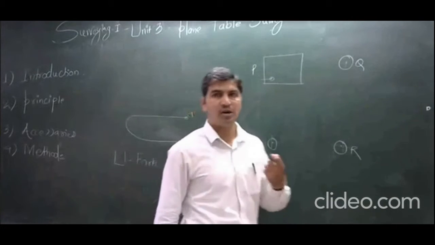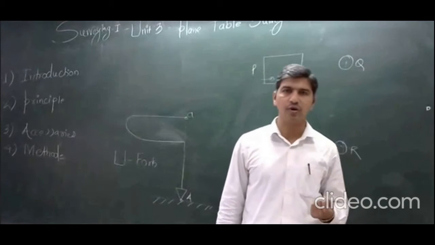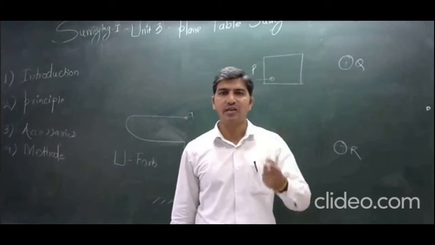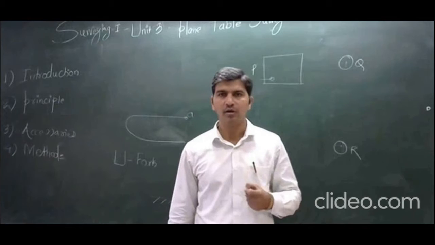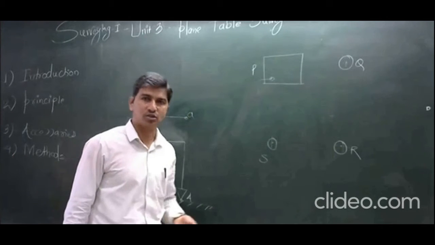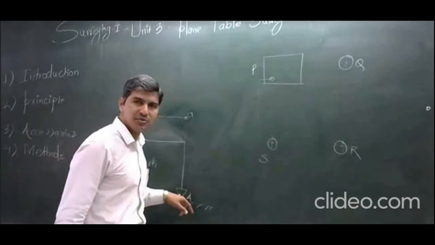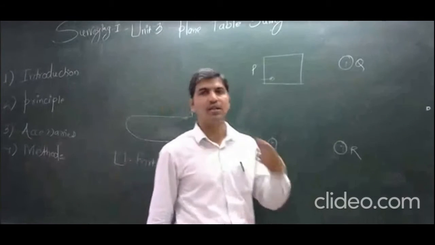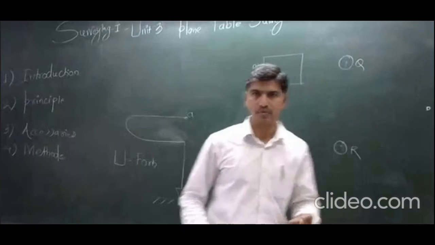The plumb bob is used for checking the verticality of any vertical member, mostly in building construction. It is commonly used by the mason.